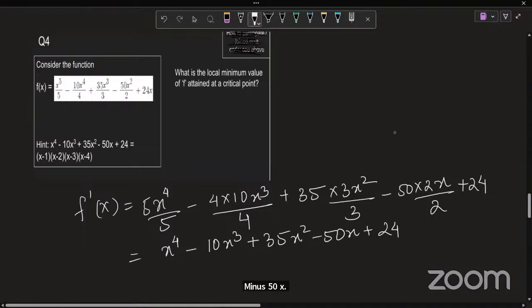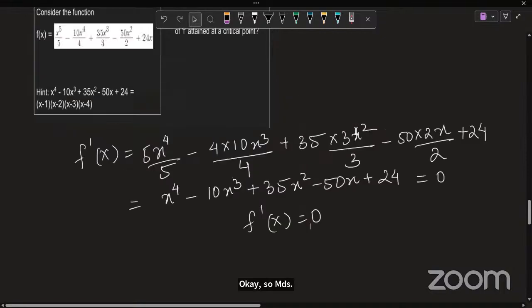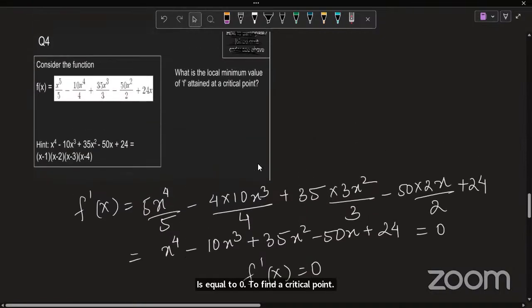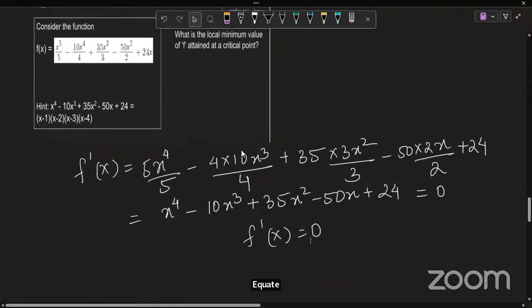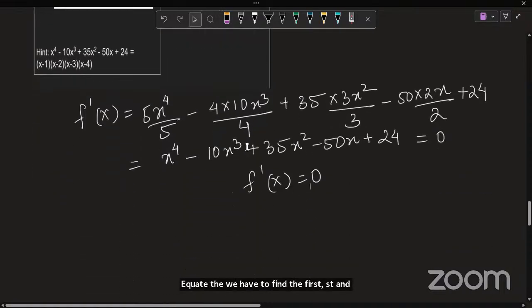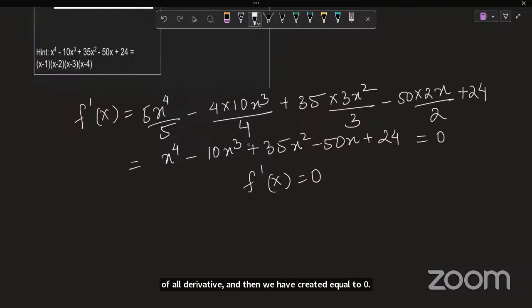So now we have to equate this equal to 0. To find a critical point, we have to find the first order derivative and then equate it to 0. So we have to find all the points where the value of this function is 0.